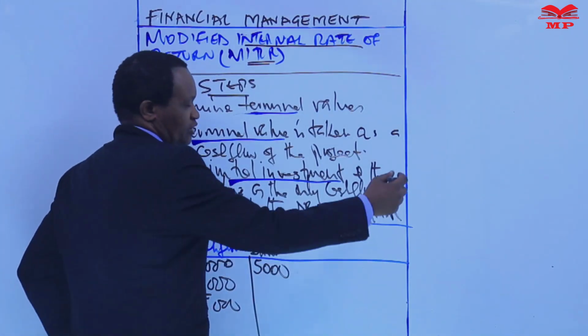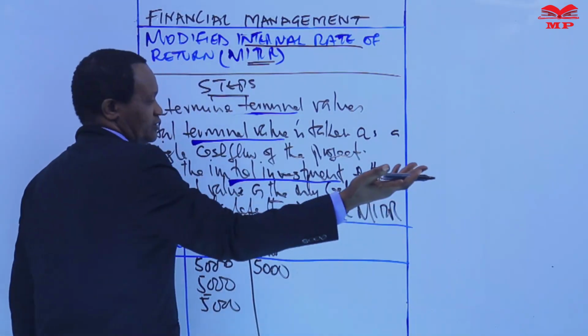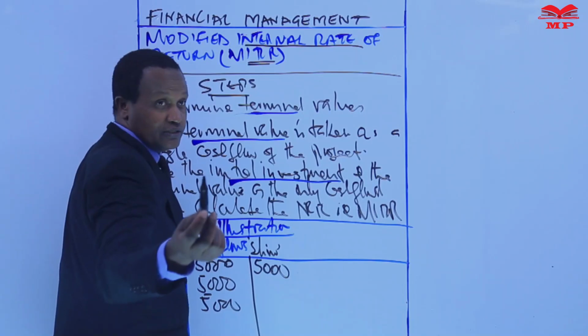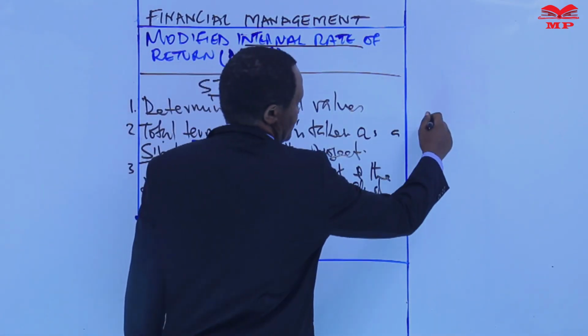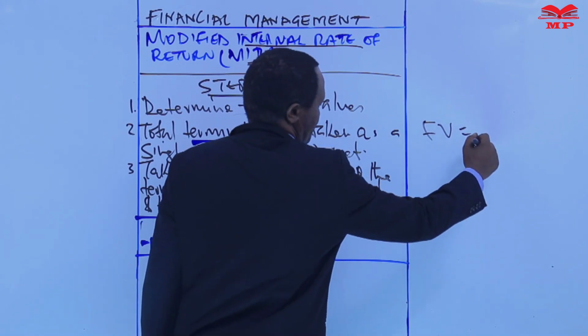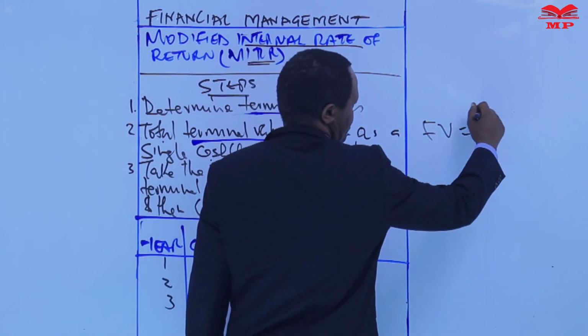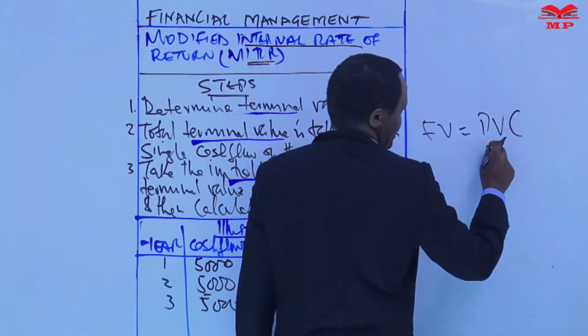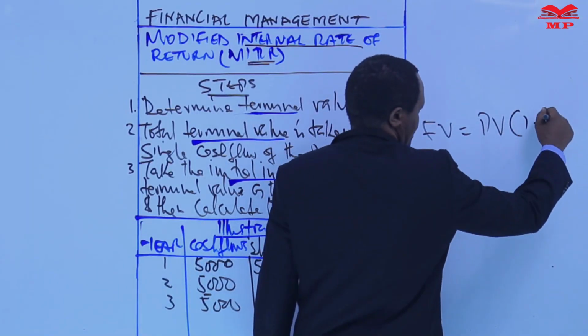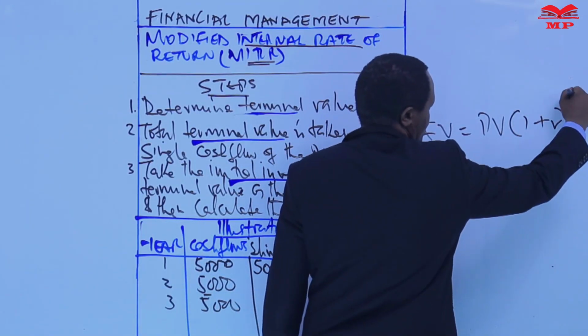And we know the formula from time value of money. We are now applying the time value of money techniques, candidates. If you are to get the future value of an amount, which is in present terms, we compound by multiplying this present value by this factor, 1 plus r raised to n.